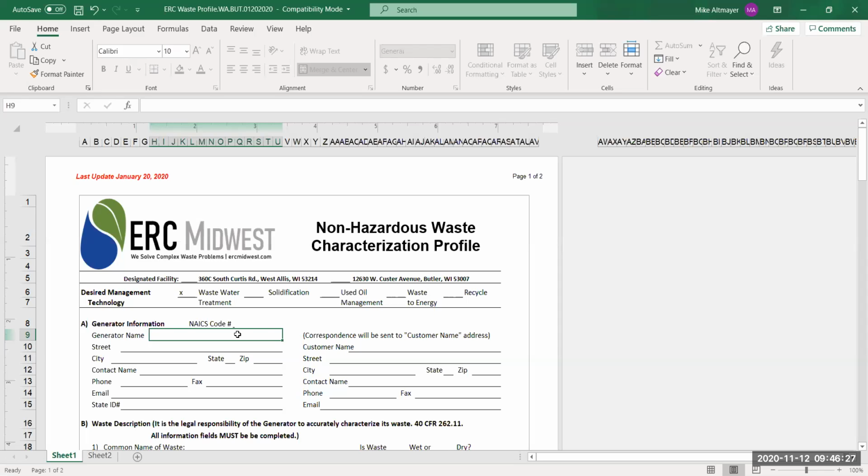All right, so we're going to assume that generator name is ERC Midwest LLC. Again, just to make this simple, we'll put our address in for the treatment plant. And you want to make sure everything is filled in, that there are no blank spots.